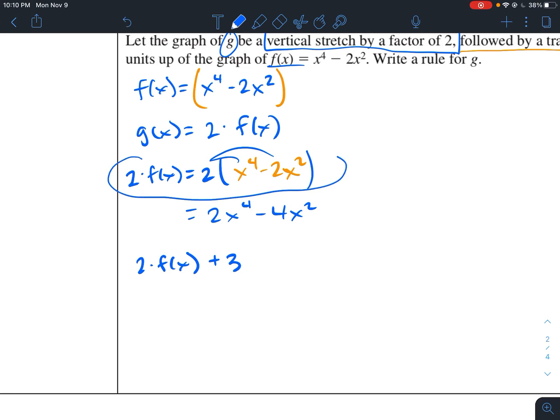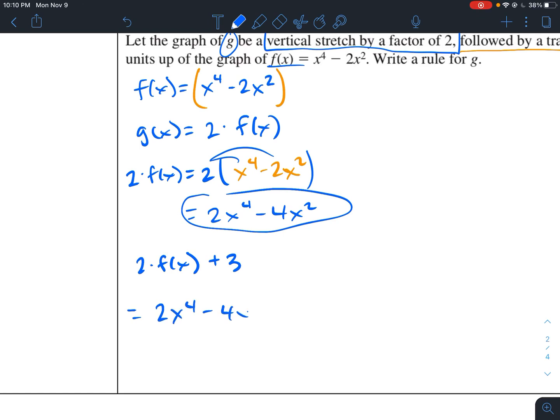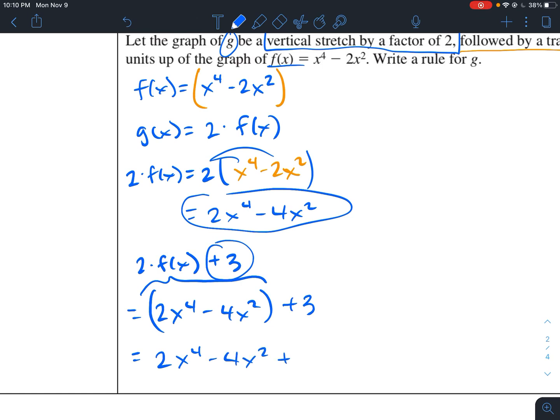We found that out right here. So 2f of x is equal to 2x to the 4th minus 4x squared. But now we're also adding 3, so plus 3. So overall, it's going to be 2x to the 4th minus 4x squared plus 3. And that should do it.